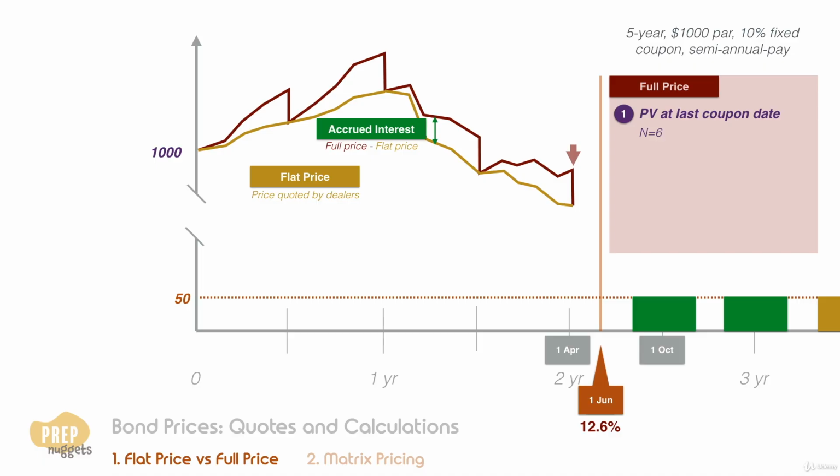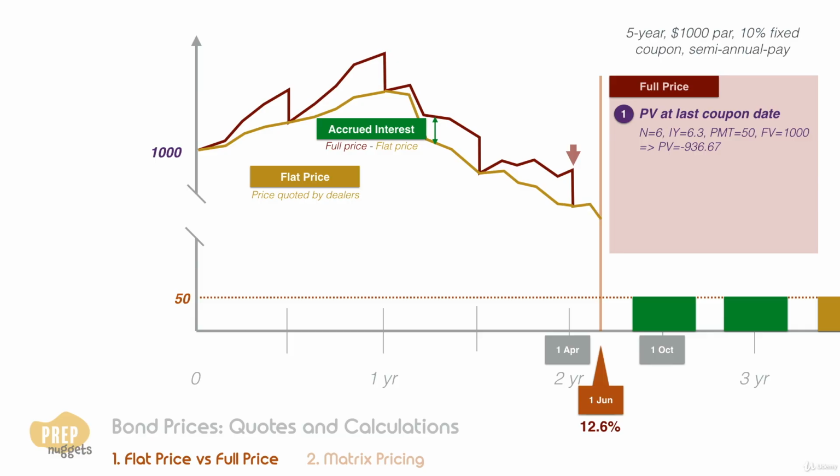We're working on a market discount rate of 12.6%, so half of that is 6.3%. Payment per period is $50, and the maturity value is $1,000. Solve for PV, and we get 936.67. This is the value of the bond 2 months before the 1st of June.